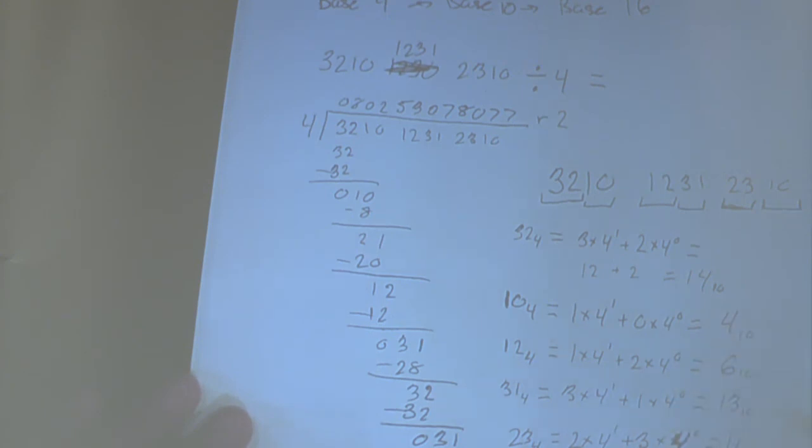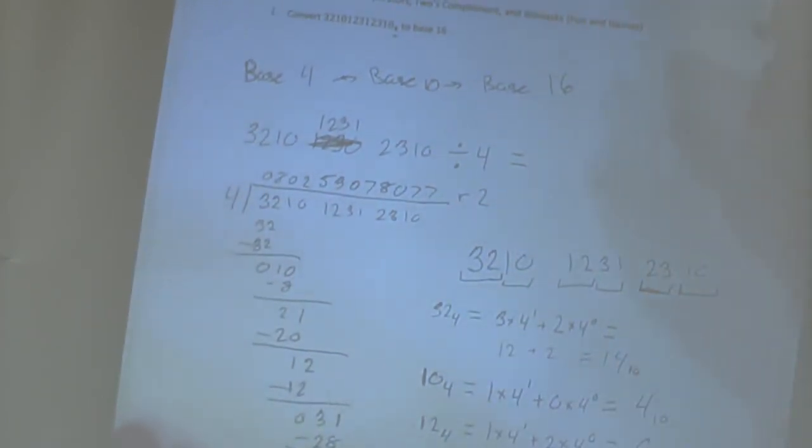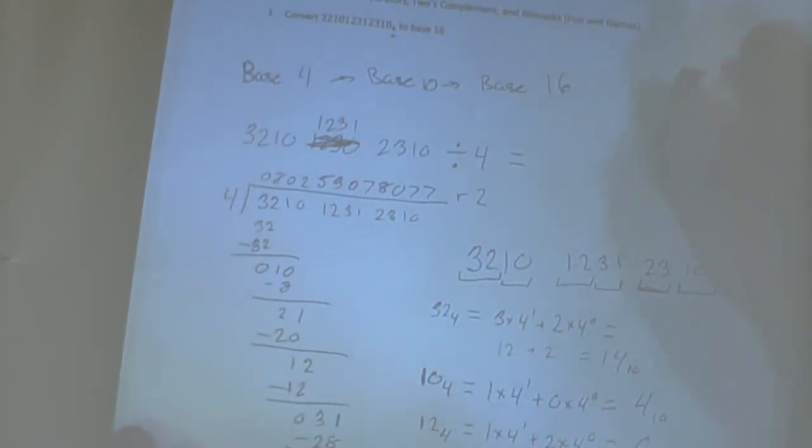Okay, so to convert from base 10 to base 16, we need to know that A is going to be 10 and F is going to be 15. So A, B, C, D, E, F are the digits we use to represent 10 to 15: A is 10, B is 11, C is 12, D is 13, and E is 14.